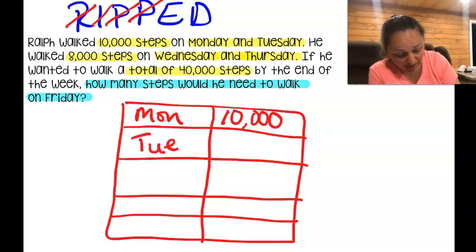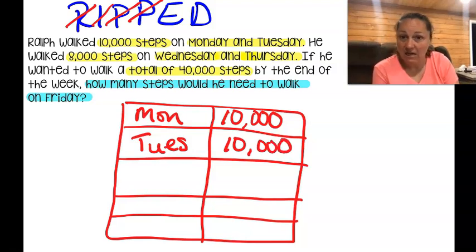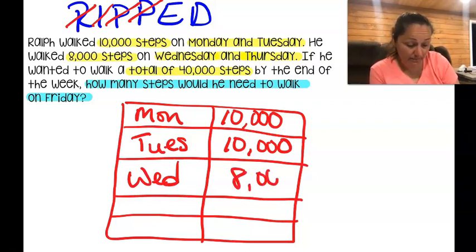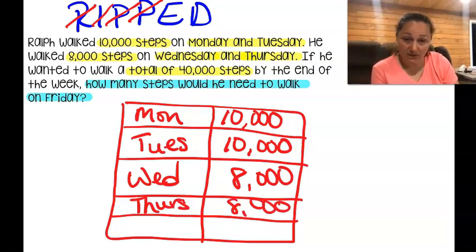So I'm going to write Tuesday here, and I'm going to write 10,000. Now it says Wednesday is 8,000, and Thursday is 8,000. Now Friday, I don't know what Friday is yet.